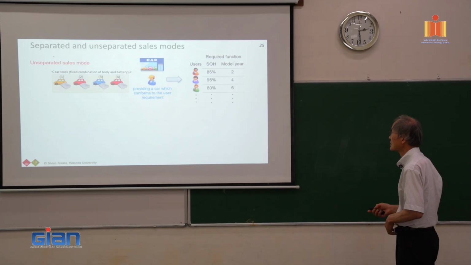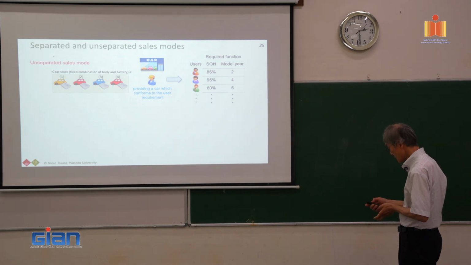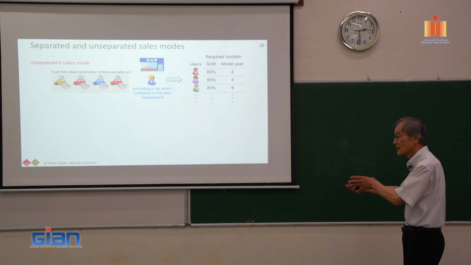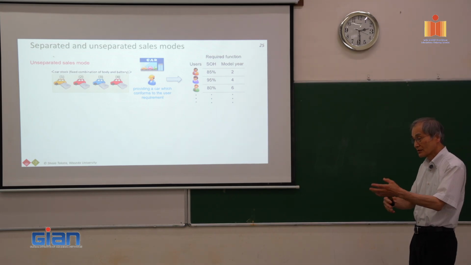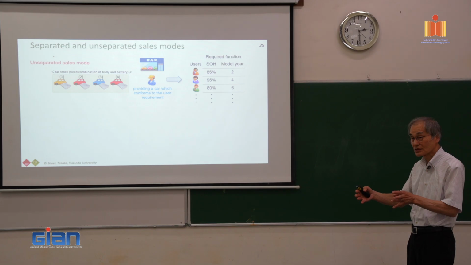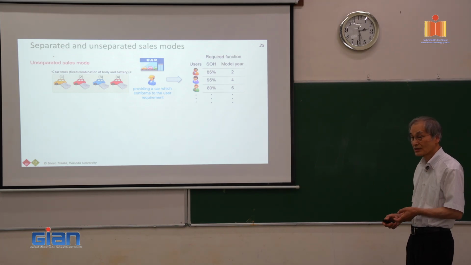And we assume two different kinds of sales modes. The first one is the unseparated sales mode. That means the returned car is cleaned and reconditioned and sold to another user.